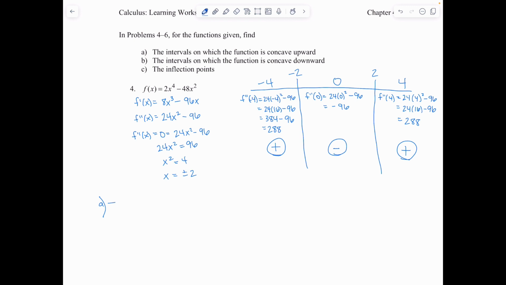So the function is concave up on the interval negative infinity to -2 and +2 to positive infinity.